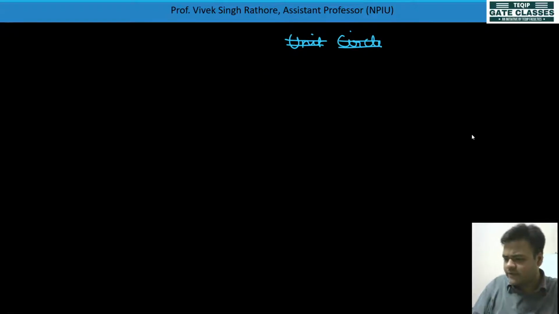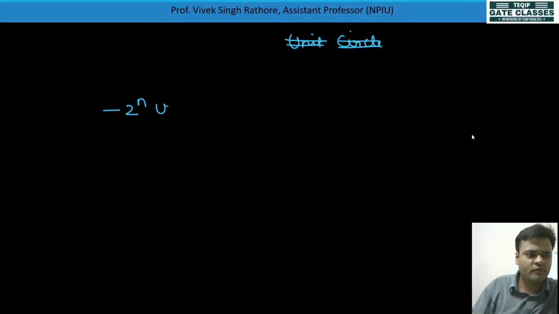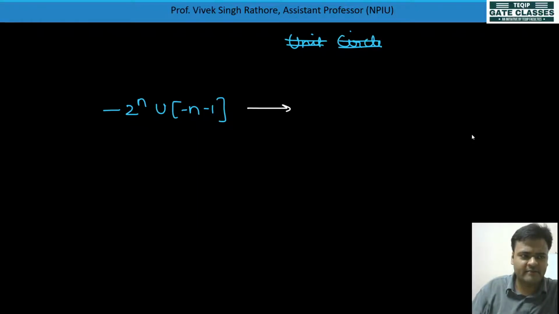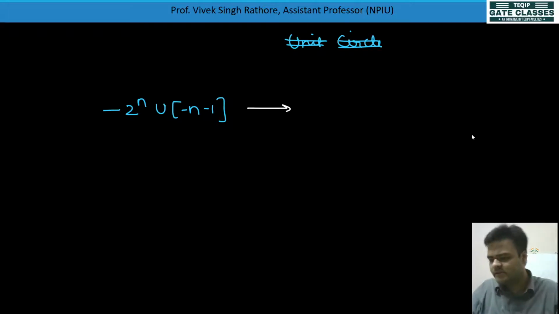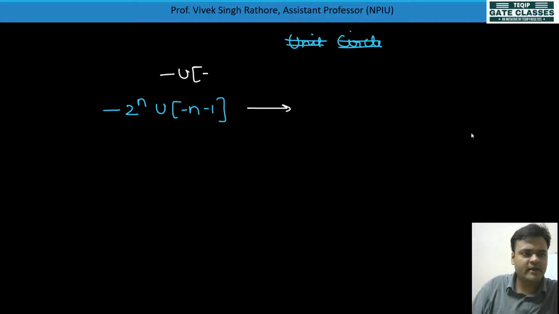I'll give you one more example: minus 2 to the power n u of minus n minus 1. So what will happen? As you know, for minus a to the power n u of minus n minus 1, the Z transform is z by z minus a.